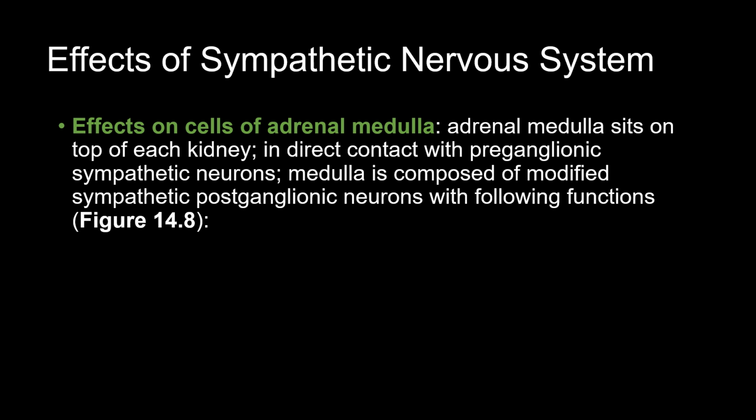This is because the adrenal medulla is not like the rest of the adrenal gland. Instead of glandular epithelium, it actually has modified sympathetic postganglionic neurons. So essentially, each adrenal medulla is functionally a ganglion.